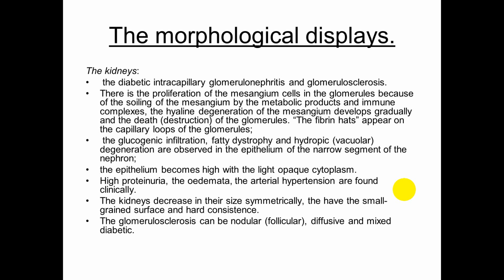The kidneys decrease in size symmetrically, have a small granular surface and hard consistence. The glomerulosclerosis can be nodular, follicular, or diffuse and mixed diabetic.